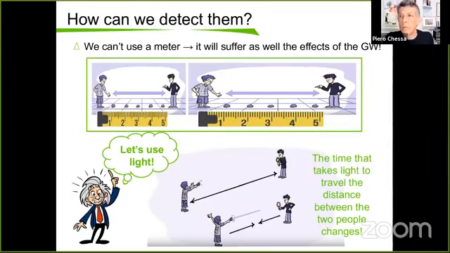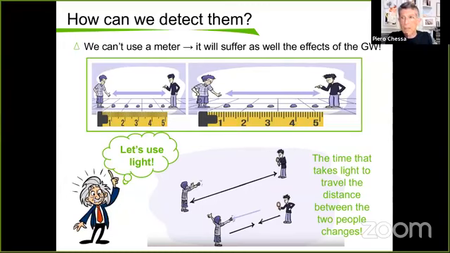Something about the detection principle. When a gravitational wave impinges on your detector, you can't measure the length variation with a meter, because the meter length changes with the wave, with the space itself. So you need a good idea. And the good idea is light, because light has a constant speed, even when a gravitational wave arrives.